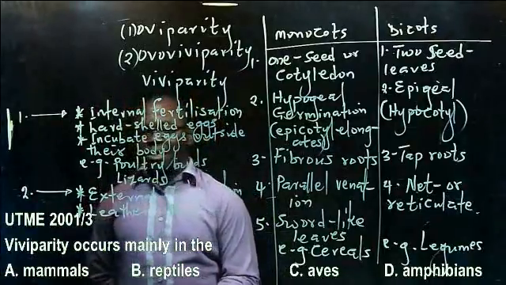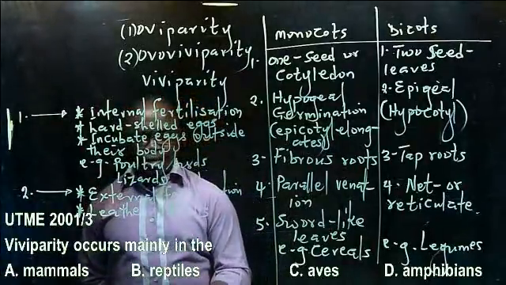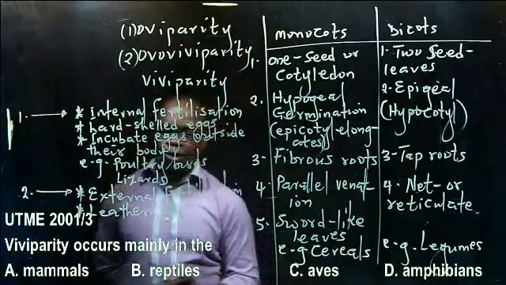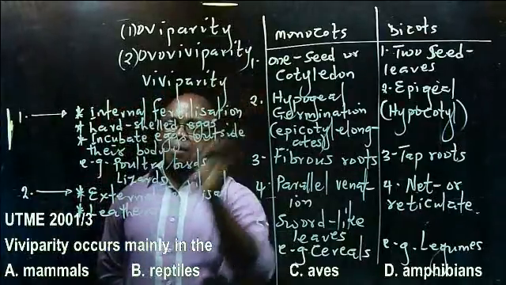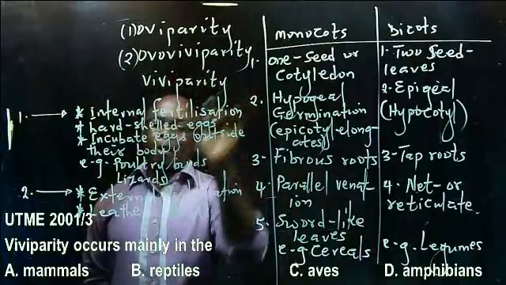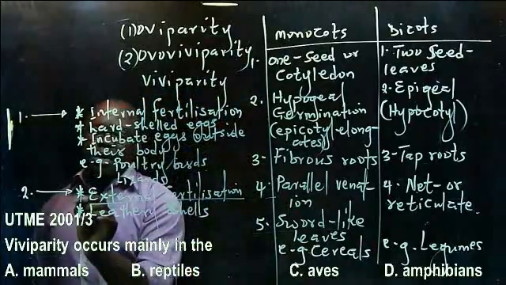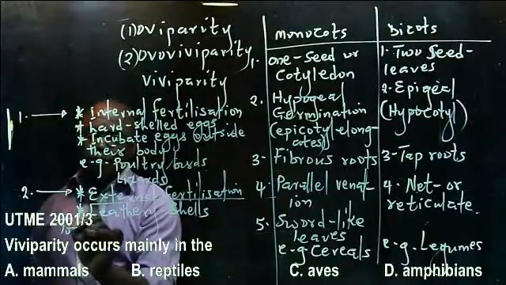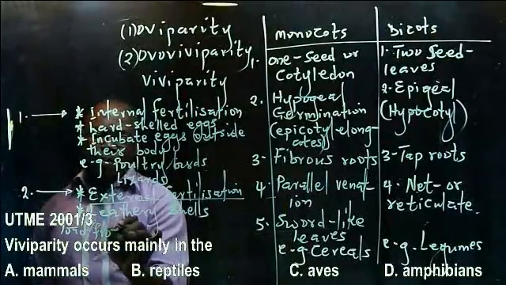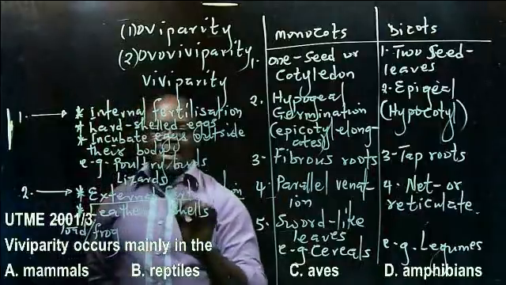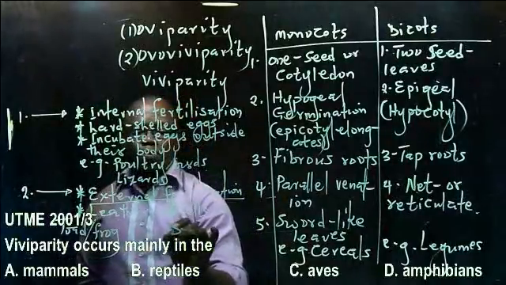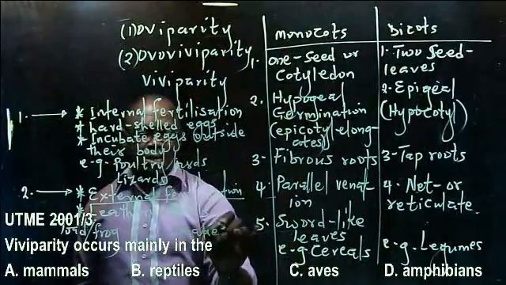Now, this can be seen in some species of snakes. In other words, I need to differentiate something here. Ovoviviparous animals may exhibit external fertilization, for example, in the case of toad and frog, or they may exhibit internal fertilization in the case of some species of snakes. That's one.